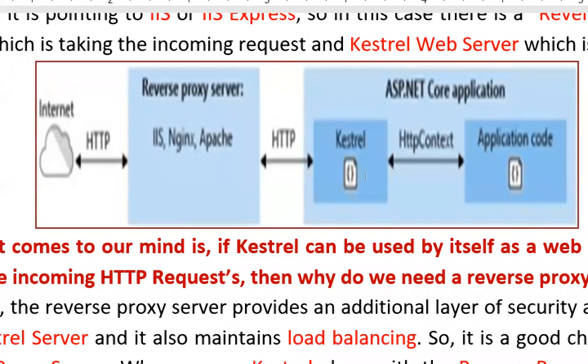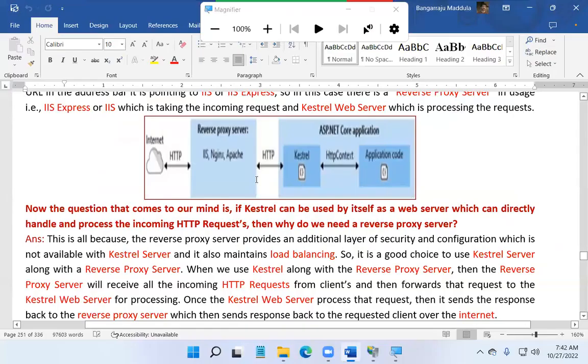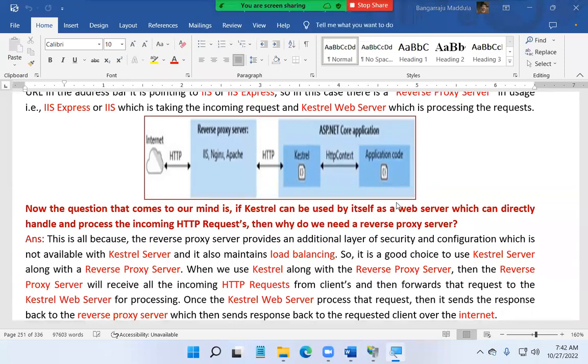This is what we call out of process hosting. Generally, we adopt this out of process hosting model when you are working in a Linux environment, with the help of the reverse proxy server available to us.